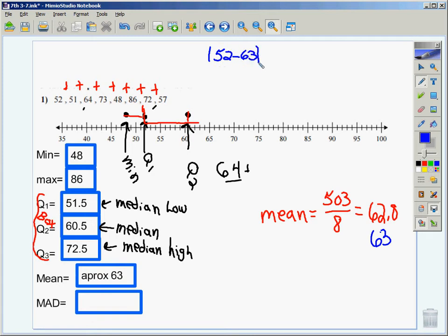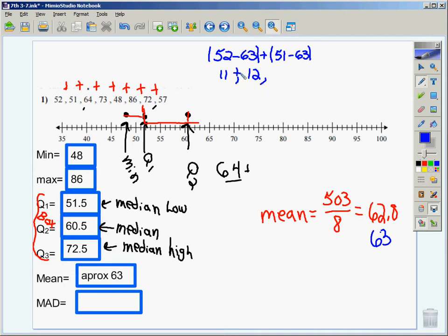I'd take that absolute value, which is what? 11. Plus, and I'd do the next one, the same thing. 51 minus 63, its absolute value, which is 12.